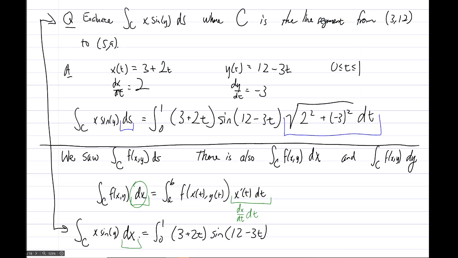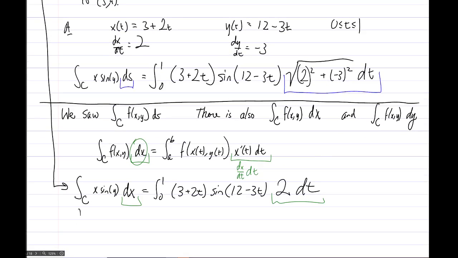So this dx, what are we going to replace it with? Well, we need x prime of t, which we have right there. It was 2. So we'll have 2, and then just copy dt. This 2 is the same as the 2 from before, there were just more pieces. For fun, let's set up the integral over the curve c of x times sine of y dy as well.